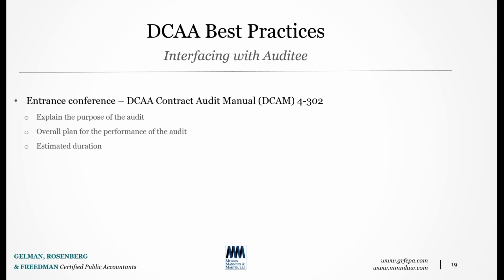So they're going to go through explaining the purpose of the audit, the overall plan for the performance of the audit, and they already talk about the estimated duration. Even when I was an auditor thousands of years ago, we had to tell them, this is a week, this is 3 days, we think we'll be done by then. We wanted them to know that too, because then that prompts them to make sure their data is ready. And we discussed the types of records and data required to perform the audit.